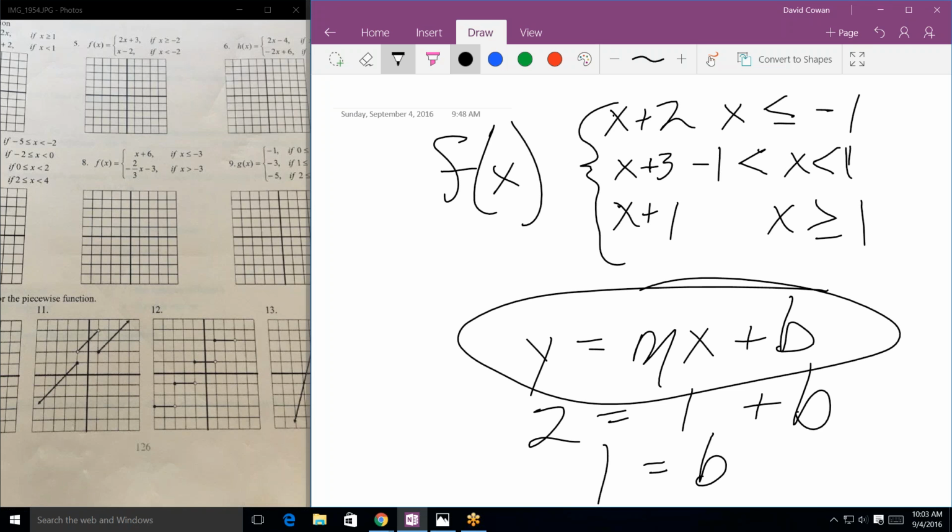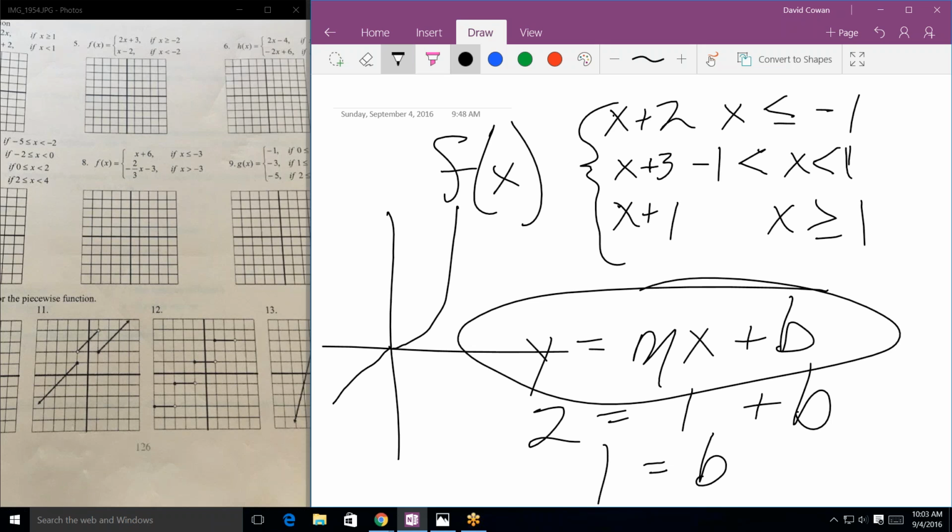Even though they're not always going to be linear, you could have an x squared. In other words, I could have a straight line up to there, and then a parabola from there to there.